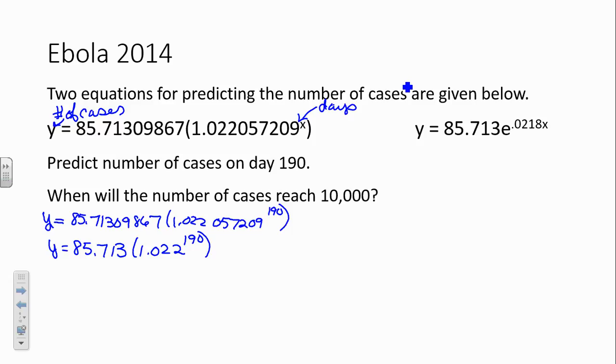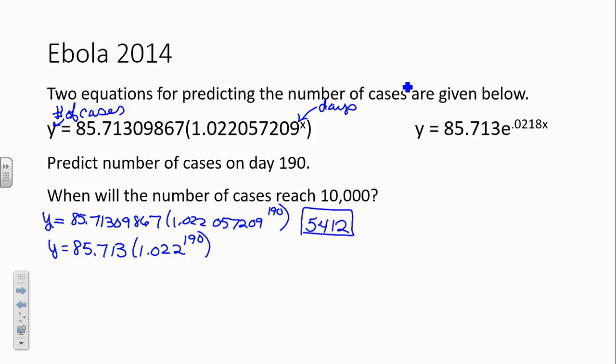Then we plug in 1.022057209 to the 190th and take that number times 85.71309867. This one comes up with 5,412 cases.